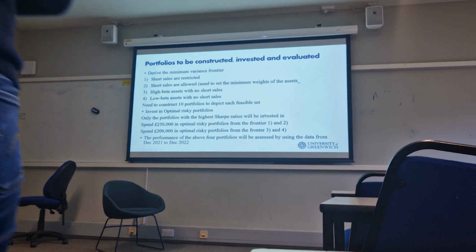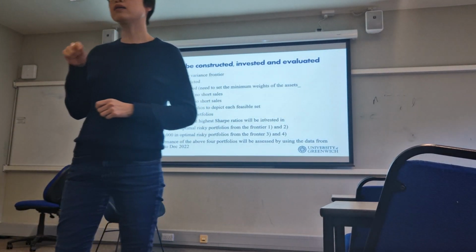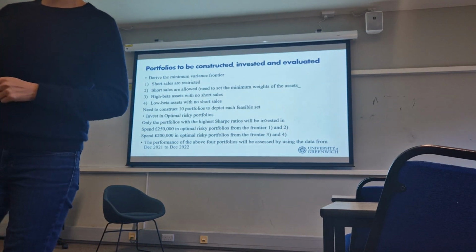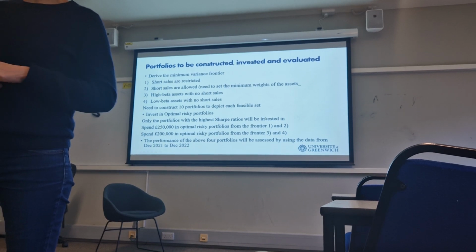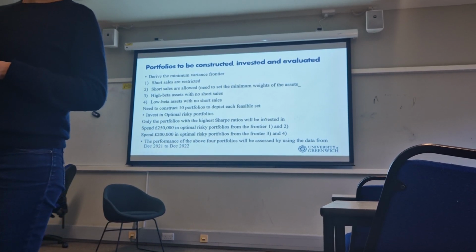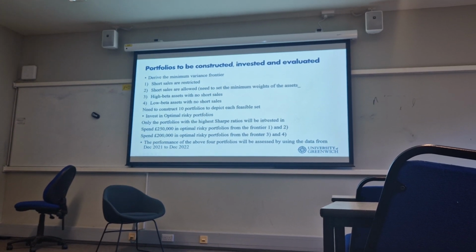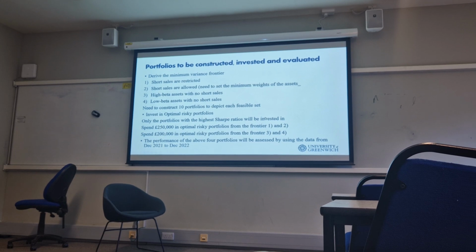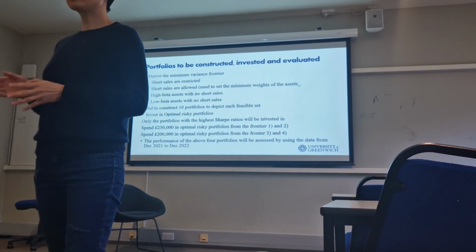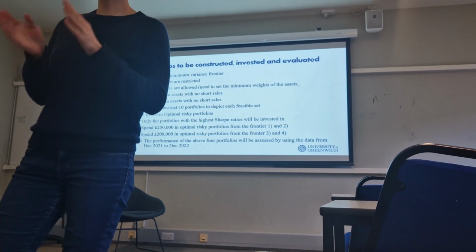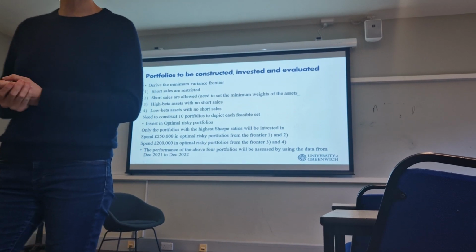Second, short sales are allowed, but we need to set a constraint on the weight of each asset, so there should be a minimum weight for each asset. It could be minus 10%, minus 20%, minus 5%. It's up to you to decide the minimum weight, but once we set a minimum weight on one asset, we set the same minimum weight on the rest of the assets.